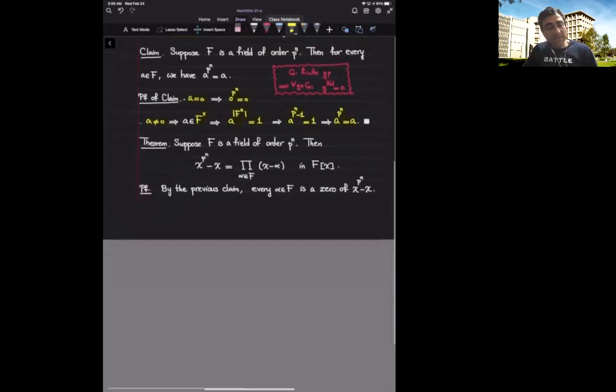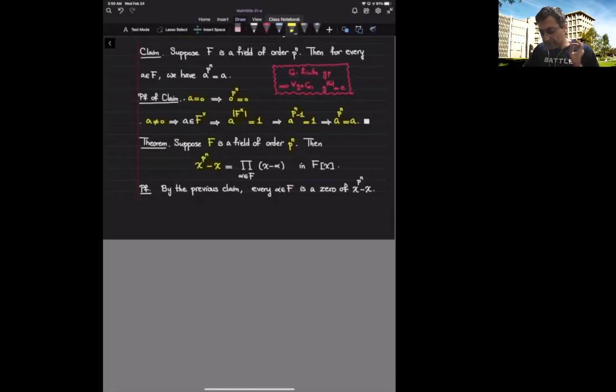Now from here, I can deduce a result similar to what we had for Z sub p bracket x. What is it? If F is a finite field of order p to the n, then the polynomial x to the power p to the n minus x can be decomposed completely as a product of degree 1 factors in F bracket x.